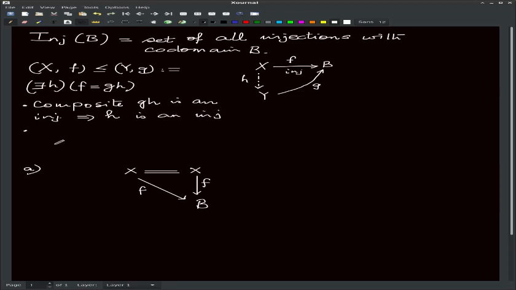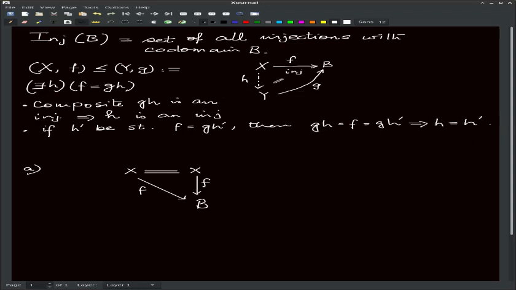Further, this H is unique because if H prime be such that F is also equal to GH prime, then GH is equal to F is equal to GH prime. Now, G is an injection, so it's left cancelable, implies that H is equal to H prime.